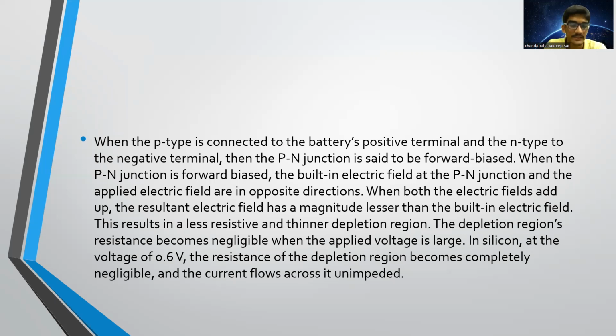The depletion region's resistance becomes negligible when the applied voltage is large. In silicon, at a voltage of 0.6 volts, the resistance of the depletion region becomes completely negligible and the current flows across it unimpeded.